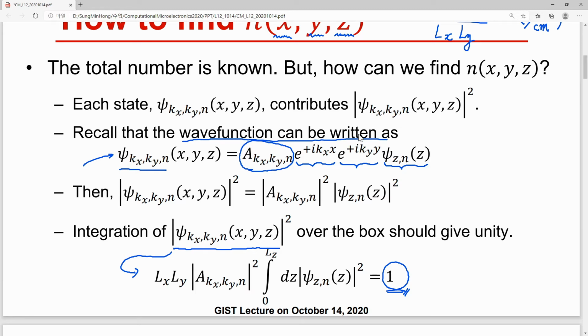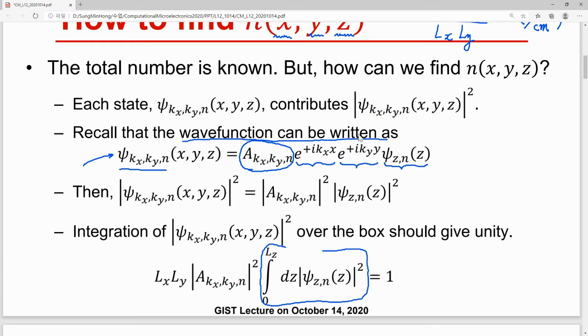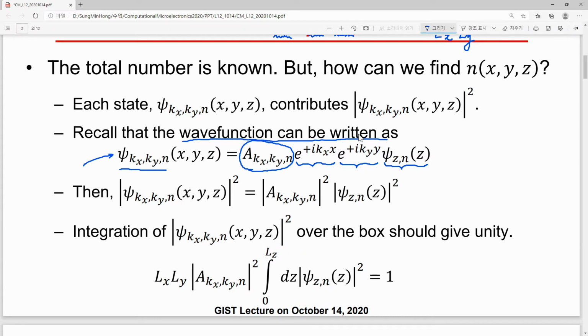That is the required condition for our interpretation as a PDF. So how can we satisfy this one? The first thing we will do is just to apply the z-directional normalization condition. So we say that the z-directional wave function, its square integration gives us still the number 1.